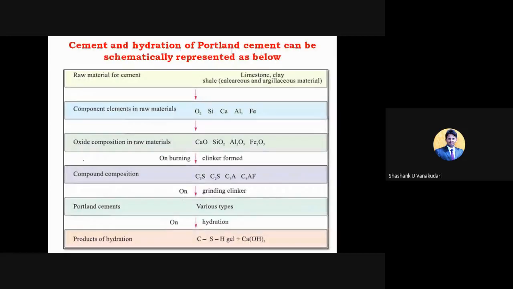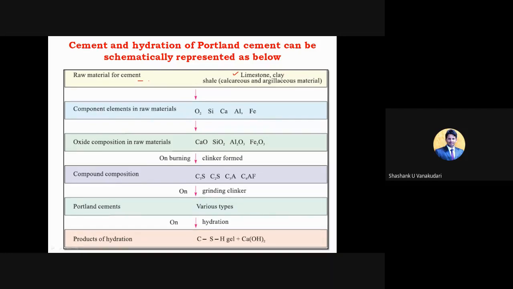Here you can see the hydration of Portland cement represented schematically as below. As you all know, the raw materials used in the manufacturing of cement are argillaceous and calcareous materials. The raw materials consist of limestone, which is calcareous material, and clay, which is argillaceous material.